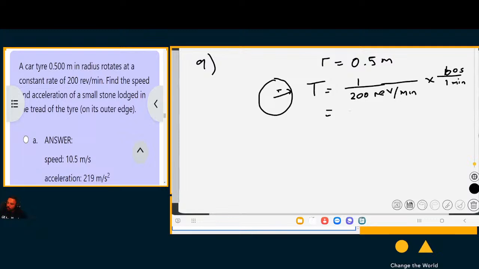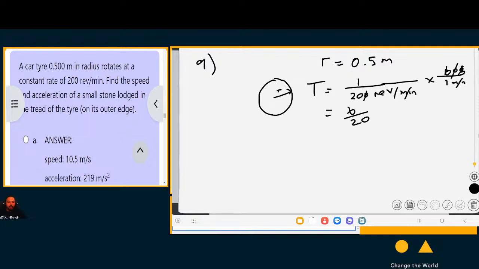This should give you a time of... sorry, let me check my calculations correctly. It's 60 divided by 200. Minutes cancel out, revolutions cancel out because that's one revolution. That's 6 divided by 20.